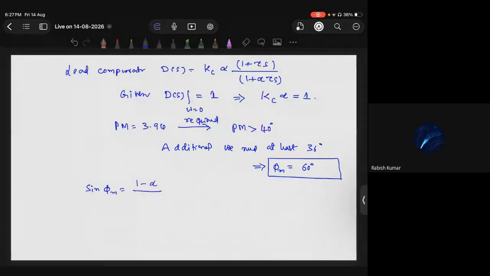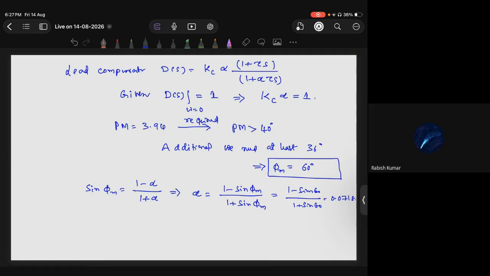Of course this formula is the same as when we see the root locus also. From this you will find alpha: 1 minus sin phi m divided by 1 plus sin phi m. So 1 minus sin 60 divided by 1 plus sin 60 equal to 0.0718.